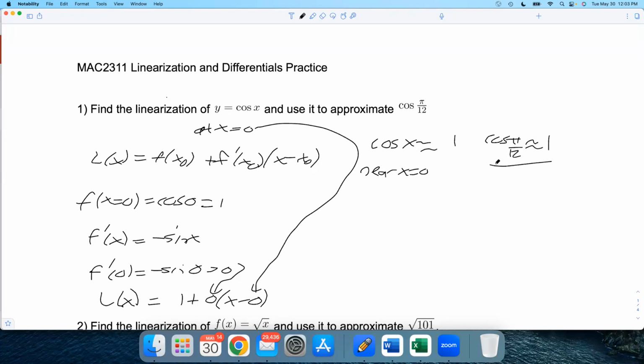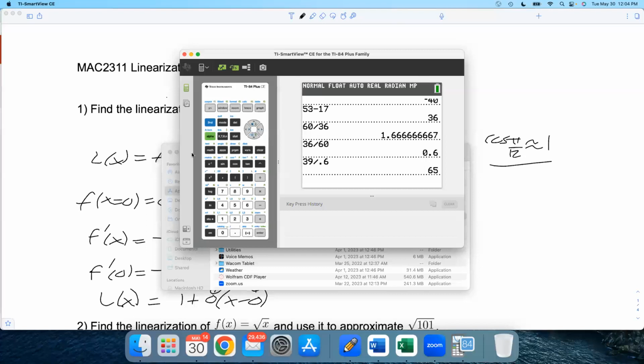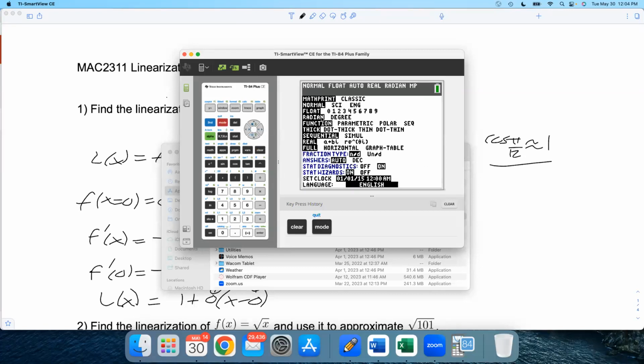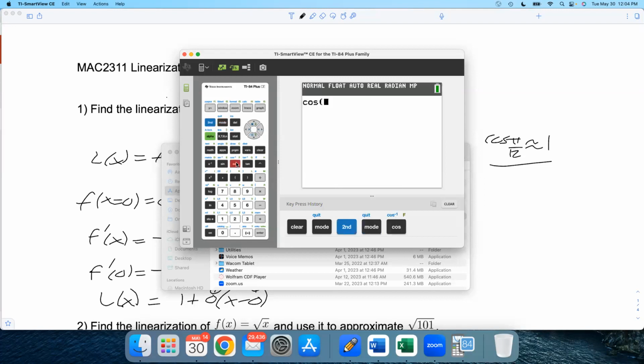Now, that's not a very good approximation. We can get our calculator out and see that that's not a very good approximation. I'll make sure first that I'm in radian mode here, which I am. And then cosine of pi over 12, there's pi over 12.